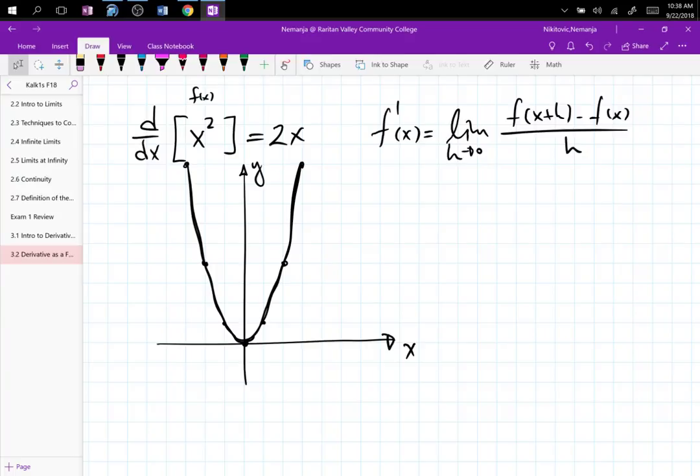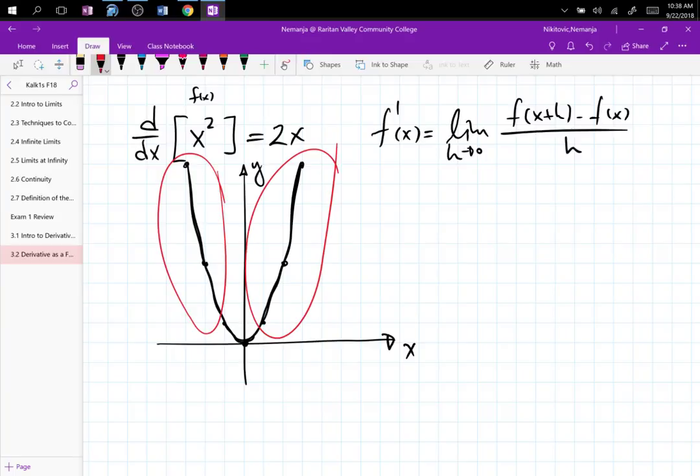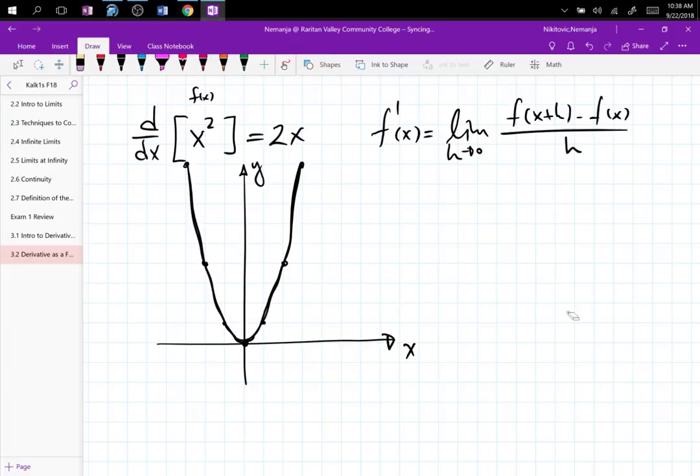Now note that as you're looking at the x squared, all of the slopes of the lines on the left side are negative, and all of the slopes on the right side are positive. And we also have this part at 0, at the vertex, where the slope would be 0.